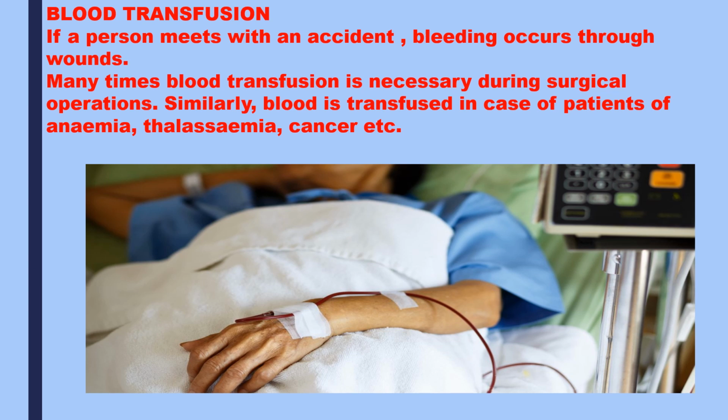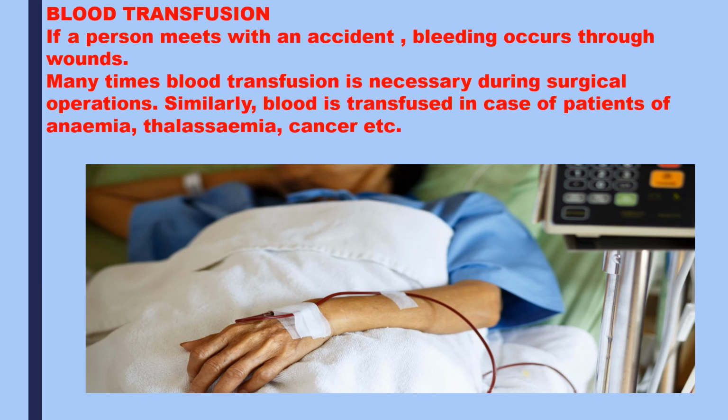Sometimes it becomes necessary to inject blood into the body of a patient who is undergoing surgery or operation. This process of injecting blood into the body of a patient is called blood transfusion. It is also possible that a person might meet with an accident and profuse bleeding can take place through the wounds.